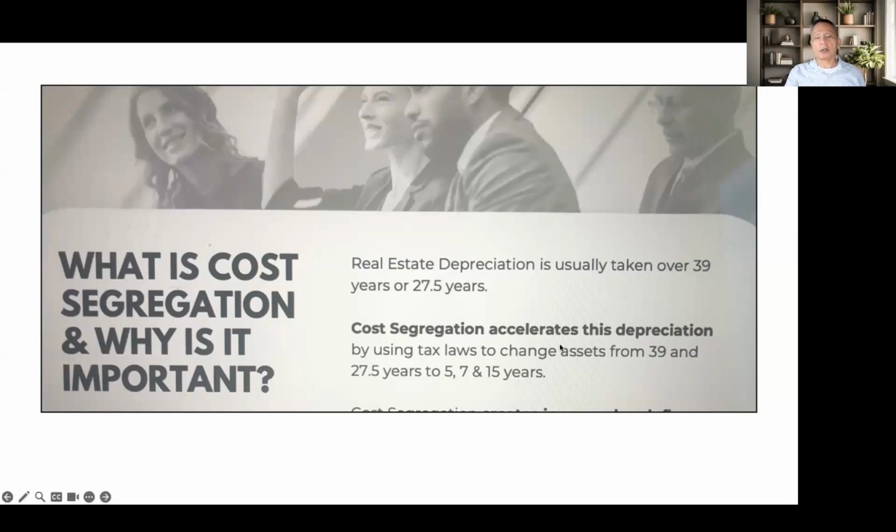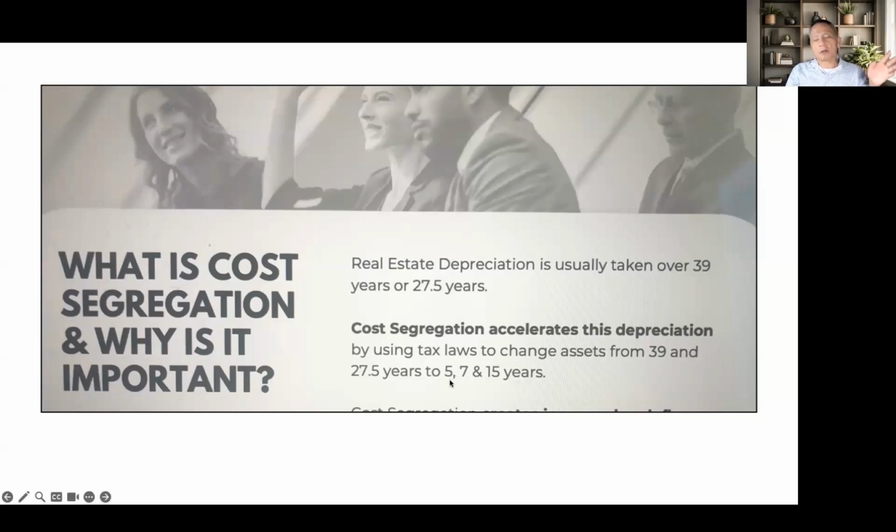Cost segregation allows you to use the tax laws to change the asset from having the whole structure divided by the straight line method, which is slow. Upon doing the cost segregation, you can dive deeper into the structure of the property and allocate certain items inside the property.